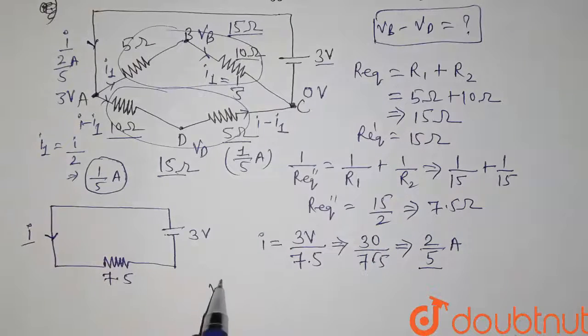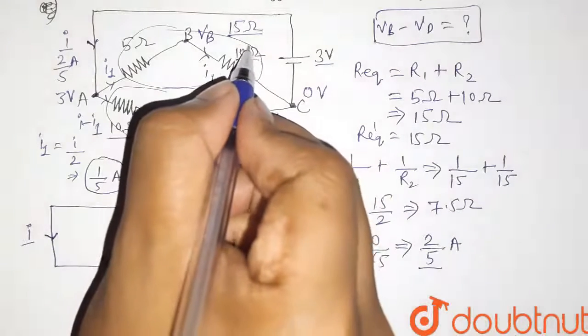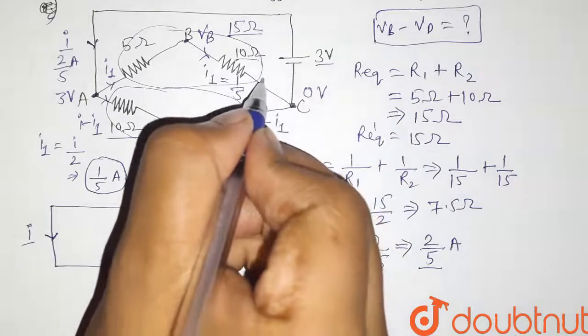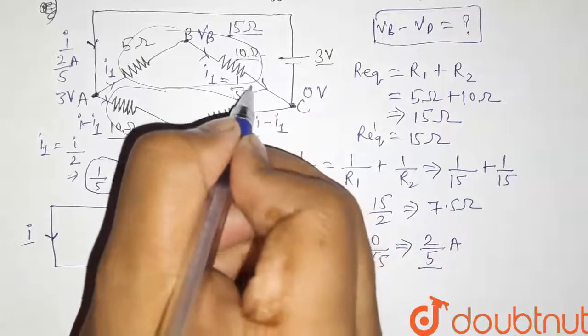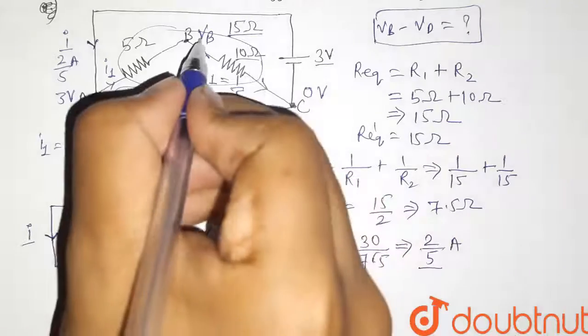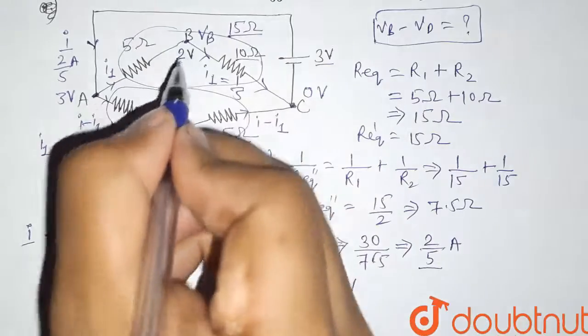So the potential drop across this 10 ohm resistor will be equal to current into resistance, so 1 upon 5 into 10, which is equal to 2 volt. That means the potential drop across this resistance is 2 volt. The current is flowing in this direction, and we know in the direction of current the potential decreases. So the potential of this point B will be equal to 2 volt.